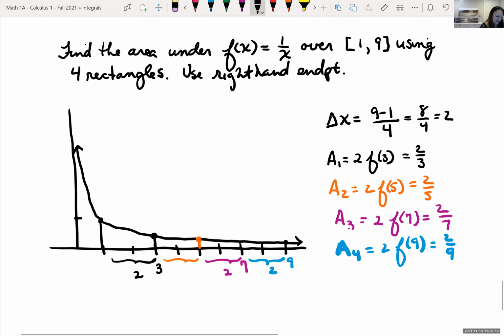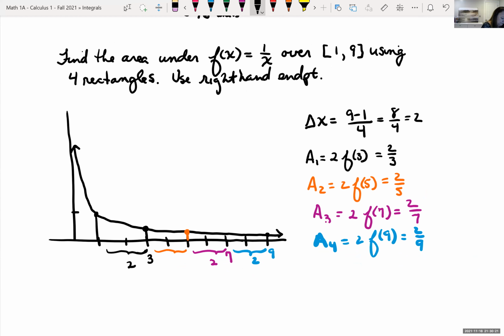So to get the approximate area, we would add those all up. So we're adding 2/3 plus 2/5, I'm going to leave room to get common denominators, plus 2/7 plus 2/9.